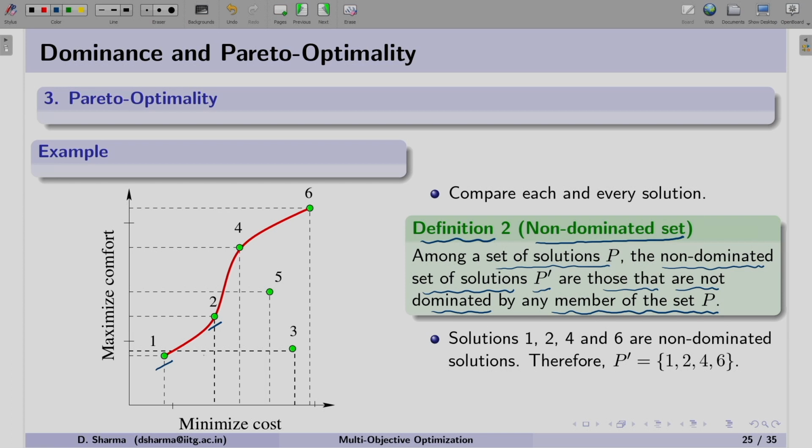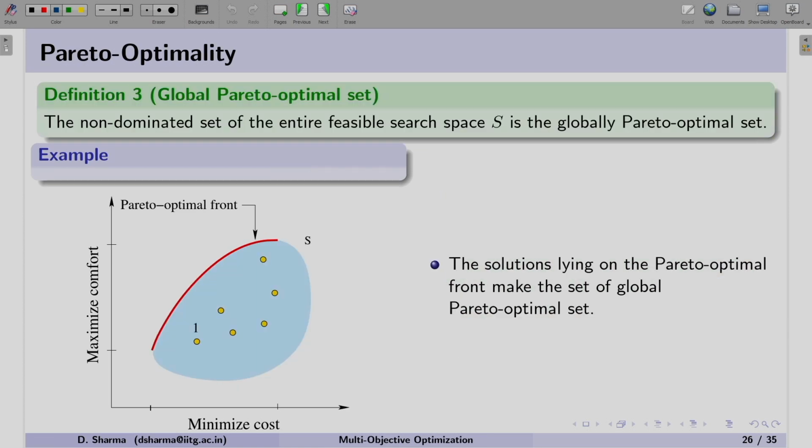When comparing each and every solution, we can see that solutions 1, 2, 4 and 6 are the non-dominated set among the 6 solutions currently in P. So, P constitutes 6 solutions and P prime is made of 1, 2, 4, 6, which are non-dominated solutions.